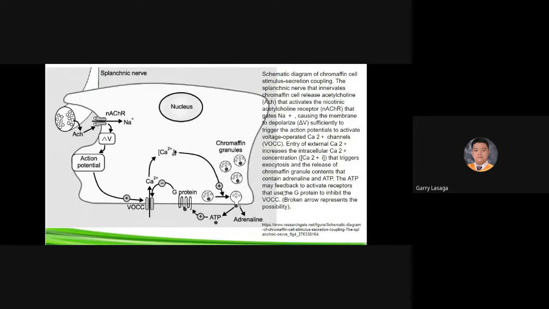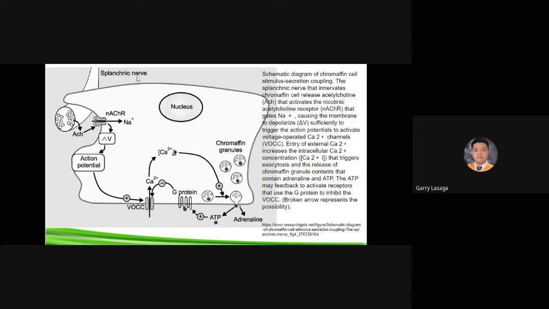This is another representation of our stimulus secretion coupling. In this portion here, we have our nerve, and this is our chromaffin cell of the adrenal medulla. The nerve that is responsible for the activation of our chromaffin cell is the splanchnic nerve.